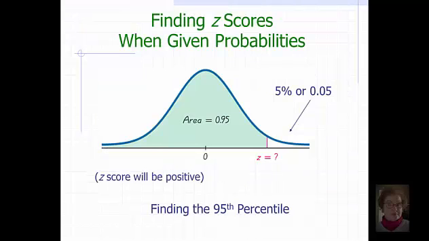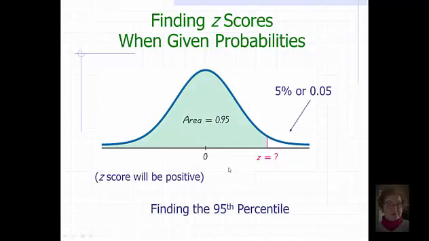So let's say I want to find the 95th percentile. Well, the 95th percentile means that 95% of the individuals scored less than that, and so our table number will be 0.95.